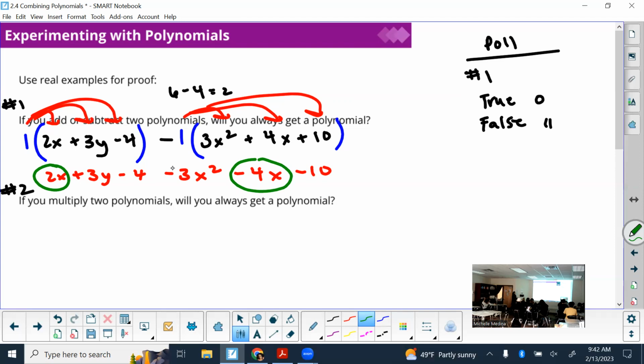Those would be like terms. What's 2x minus 4x? Negative 2x. And then see if there's other like terms. So does this 3y have a like term? No, but it doesn't go away, so you still write it in your answer. Does this negative 4 have a like term? What's its like term? Yeah, constants can always be combined. What's negative 4 minus 10?